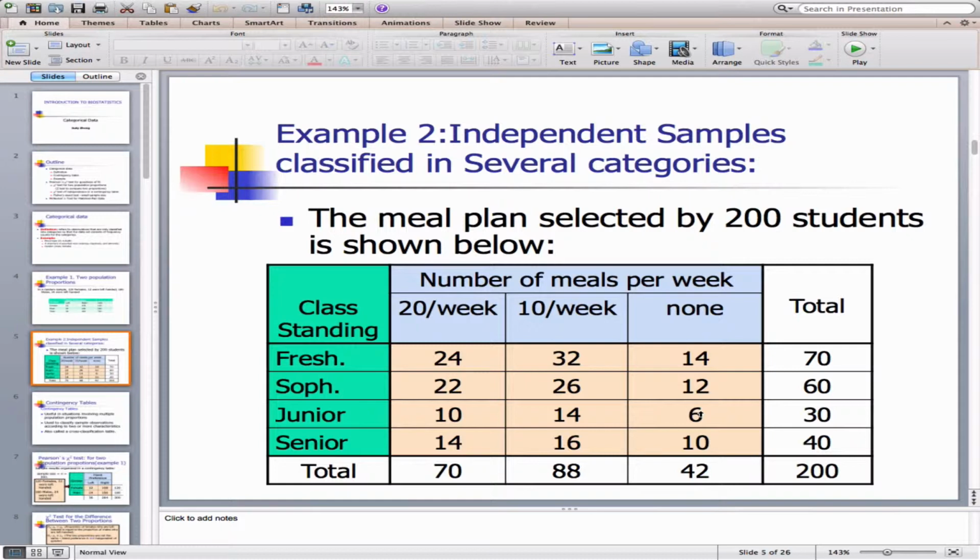So by setup, it's a 4 times 3 table that gives you the different numbers within each class and each plan selection. Essentially, for categorical data, it can be n times k or k1 times k2, any arbitrary number of categories.